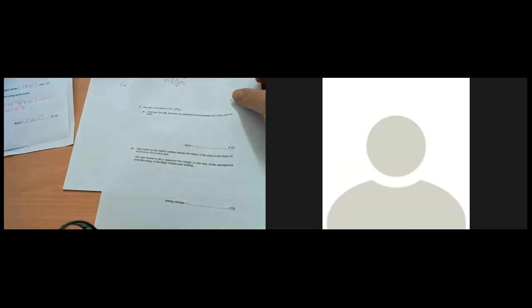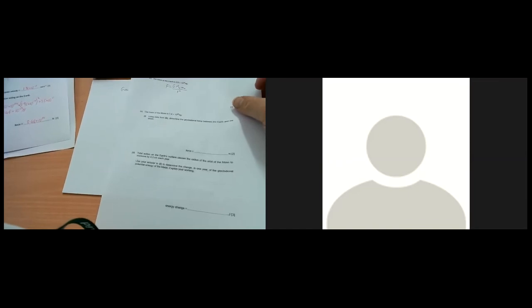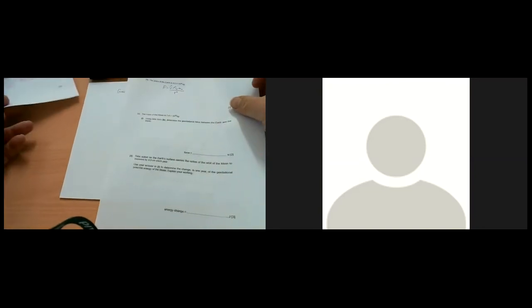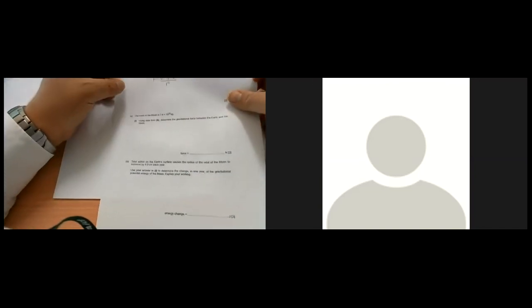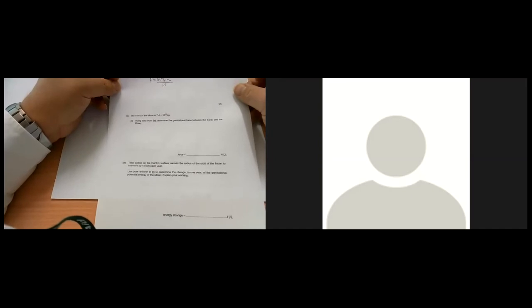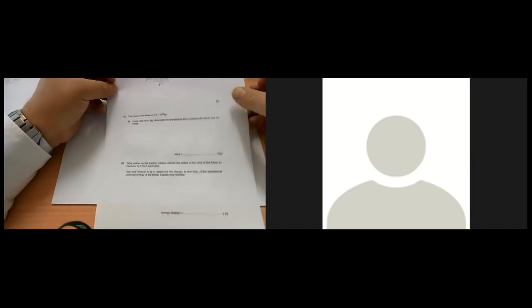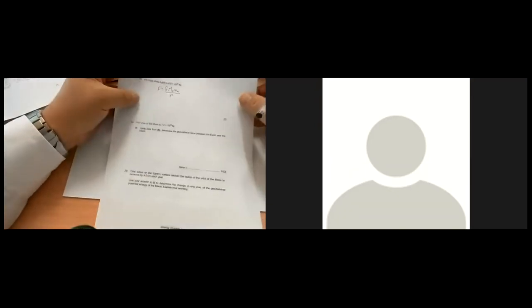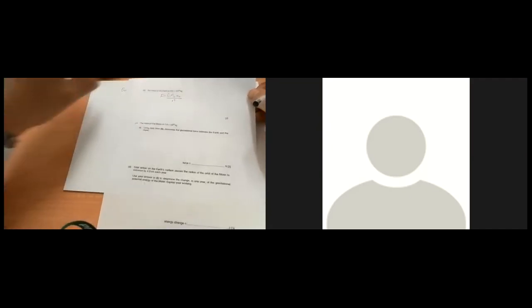You have to try and work out another way, or have I missed something? Let's have another look. I'm just trying to find my notes.